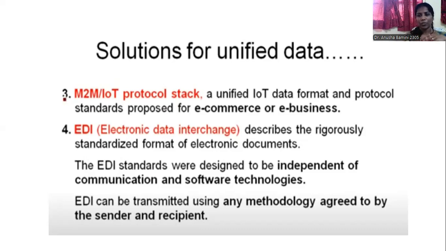Okay, then the fourth one is EDI, Electronic Data Interchange. So it is a standardized format for electronic documents. For example, Word, PDF, PPT, everywhere we are having a set of formats. PPT means it is in the format of slides. Then an Excel file means it is in the format of a number of cells.